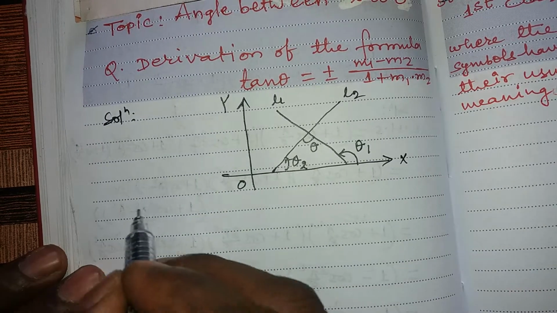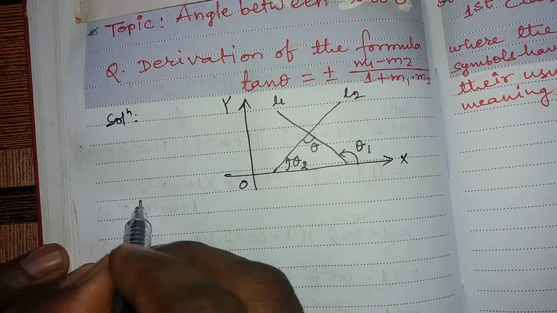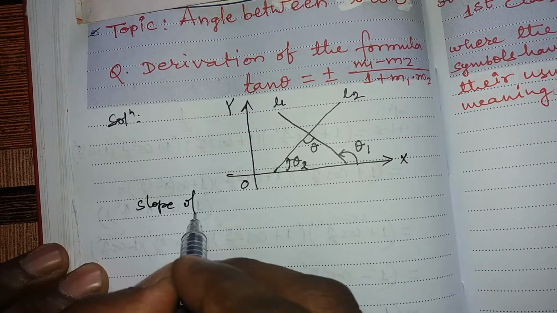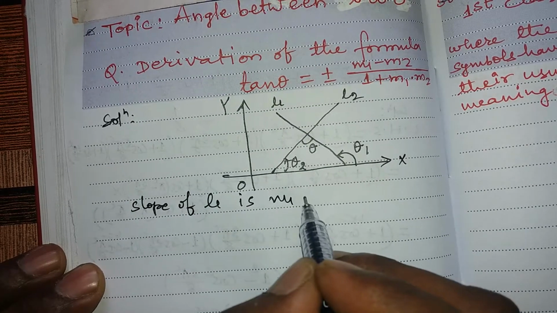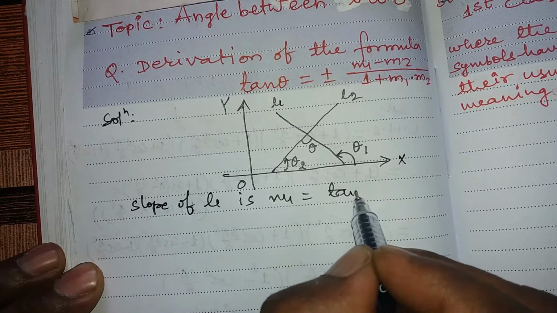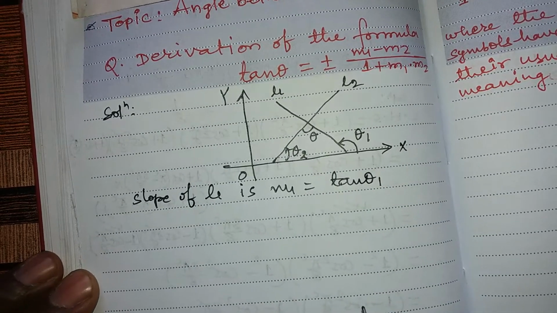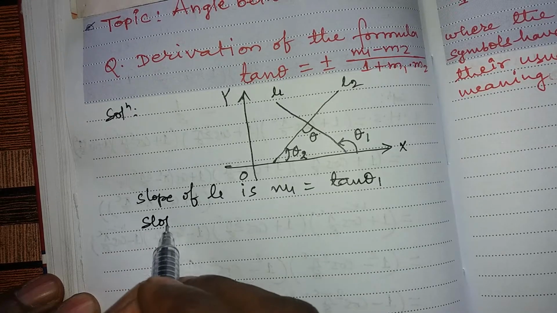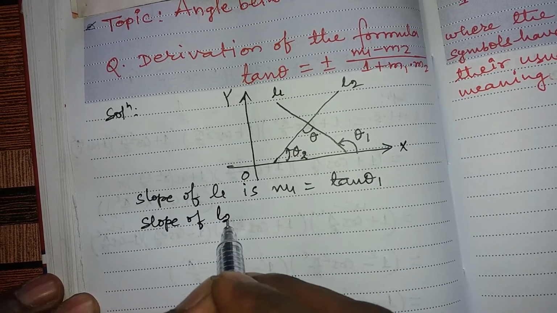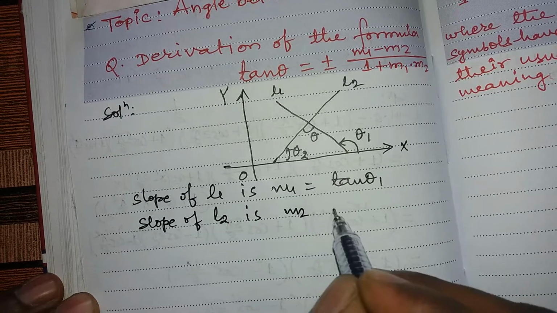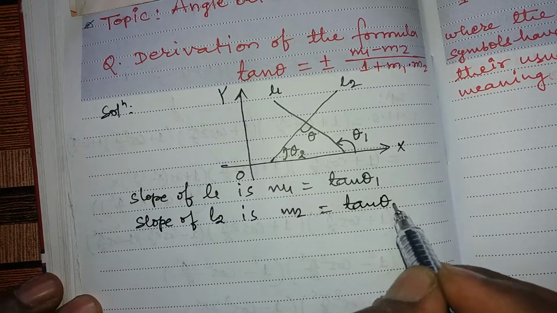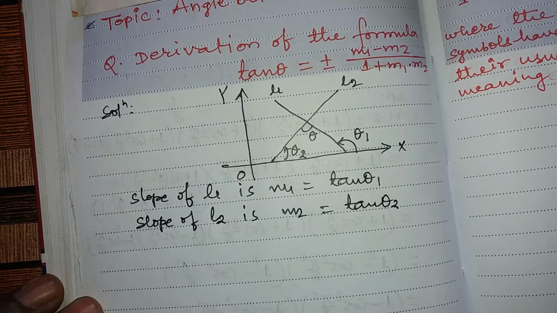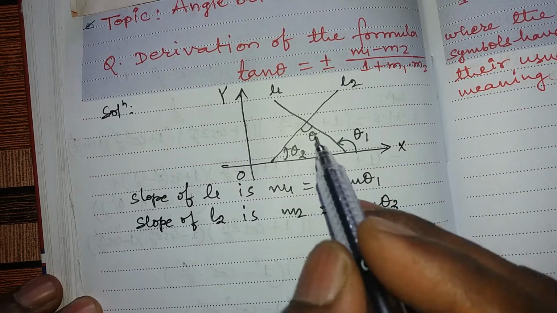So the slope of L1, m1, equals tan theta 1, and the slope of L2, m2, equals tan theta 2. This is the slope of the lines, and the angle between them is theta.